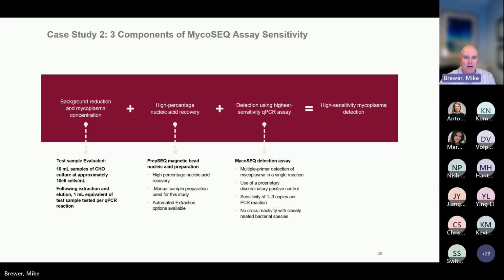The MycoSeq assay is a highly multiplexed, multiple primer based design. It uses over 40 Mycoplasma specific primers in a single reaction to enable coverage of over 140 Mycoplasma species. And importantly, it doesn't cross-react with any bacterial or non-Mycoplasma species. Now, all this adds up to high sensitivity Mycoplasma detection.